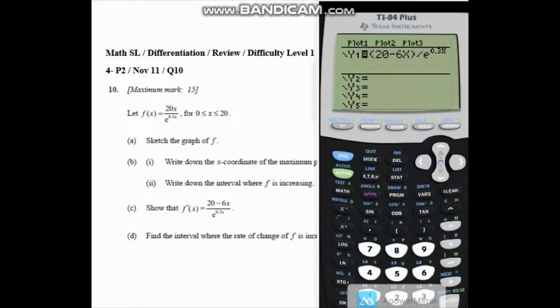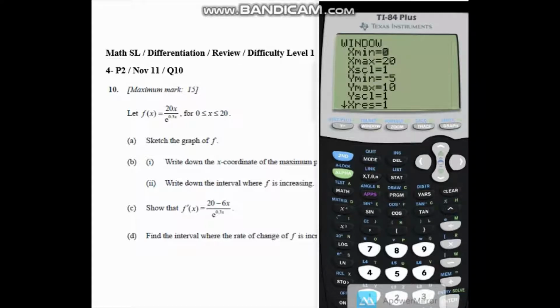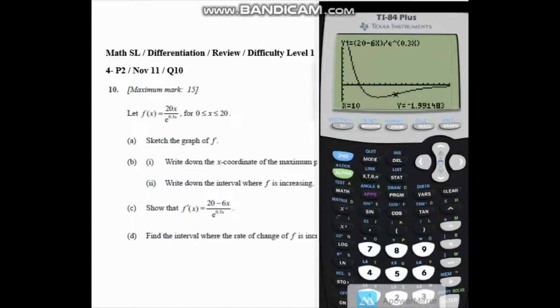So I've written down f dash on the calculator, 20 minus 6x over e to the power of 0.3x. I've left the x minimum and x maximum in my window as they are because they were provided in the question, but I have changed the y minimum and y maximum a little bit, and I'm going to click on trace to see the graph of the function.